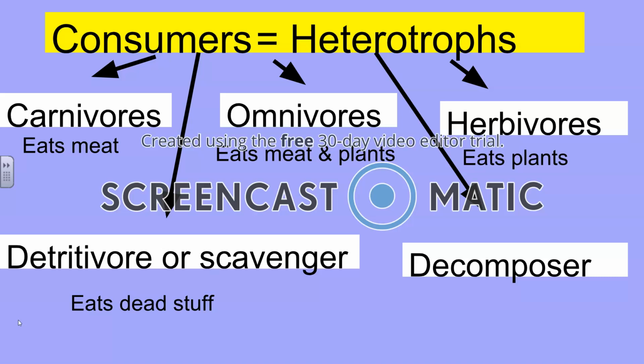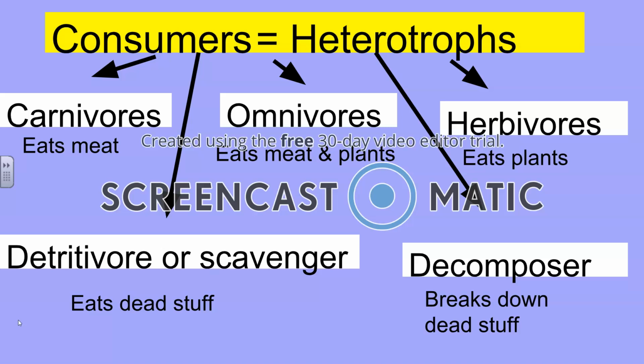What's an example of a scavenger? Vultures, yes. All right, and then lastly, decomposers break down dead stuff. That one isn't on your worksheet, so if you don't know what a decomposer is, you can write it down. But we just finished talking about fungi, so hopefully you know what a decomposer is. Fungi and bacteria are our only examples of decomposers.